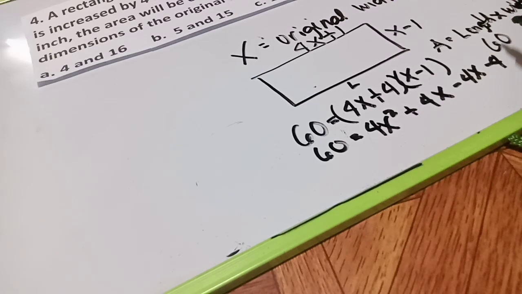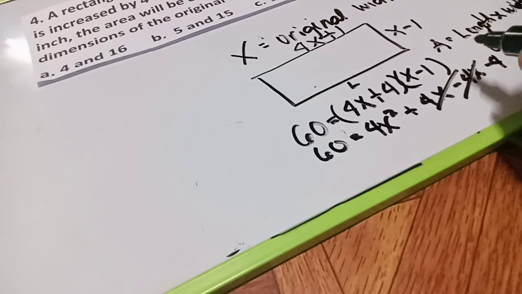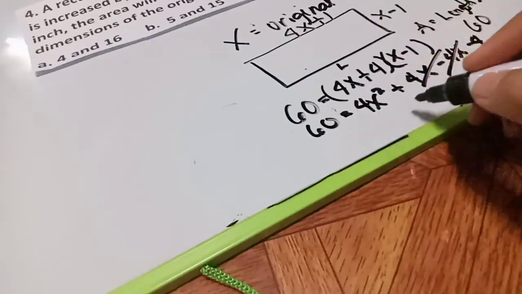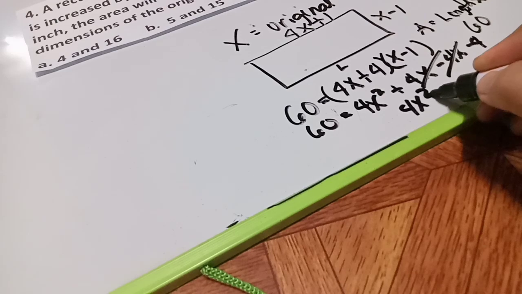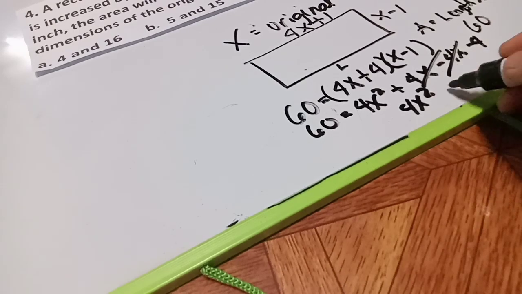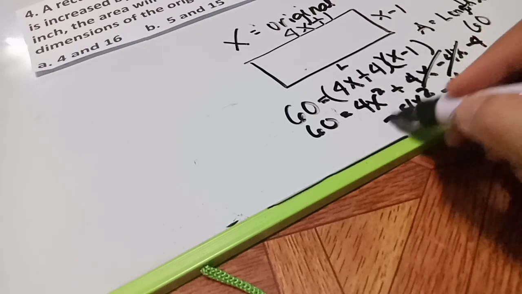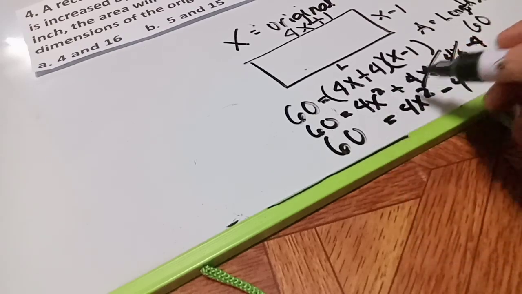Am I right? We cancel the 4x and negative 4x, and the remaining will be 4x squared minus 4 is equal to 60.